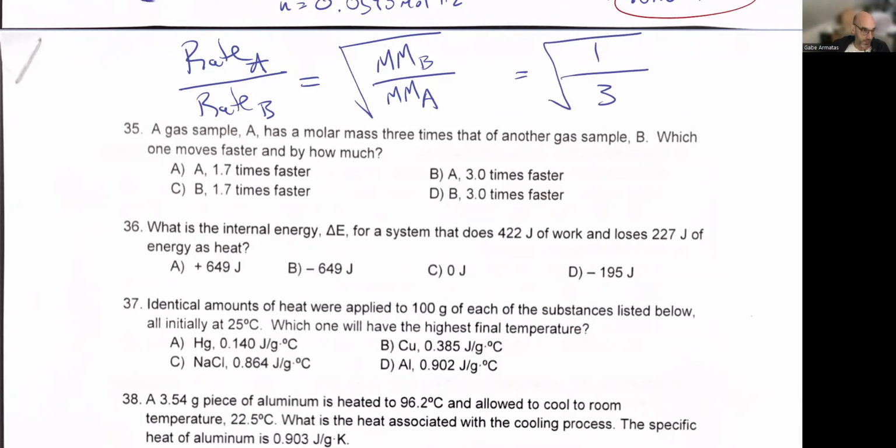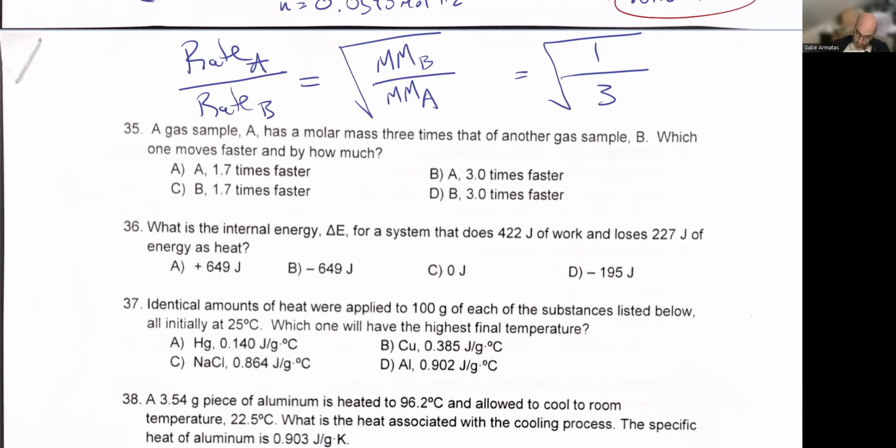We want to compare A to B. So 1/3, enter, and then I can raise it to the power of 1/3. So 0.69. And I can take the inverse of that actually.